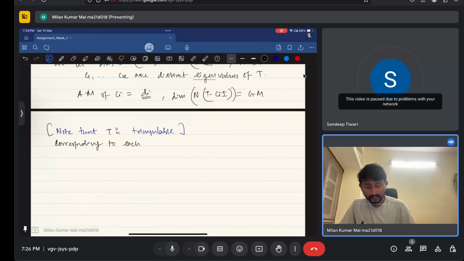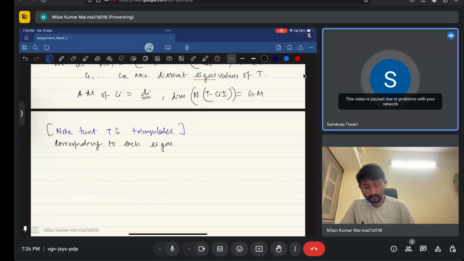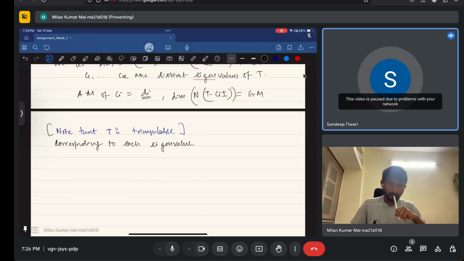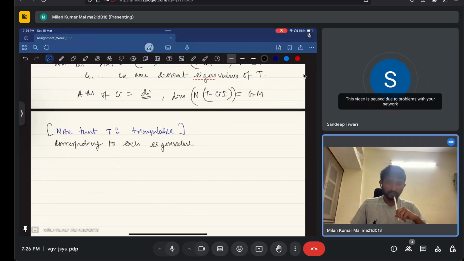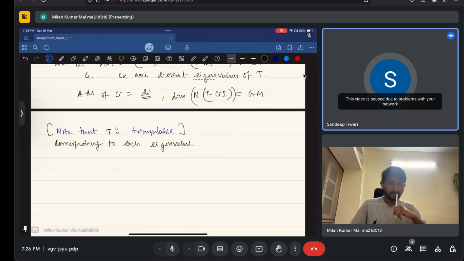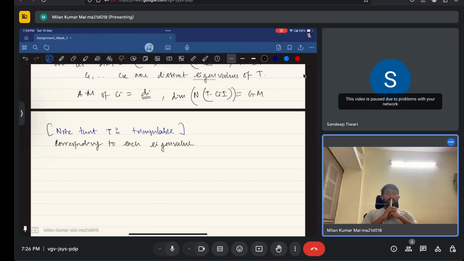Sir, if an operator is triangulable, then its vector space has T-invariant subspaces of all dimensions, sir. I think that's true.